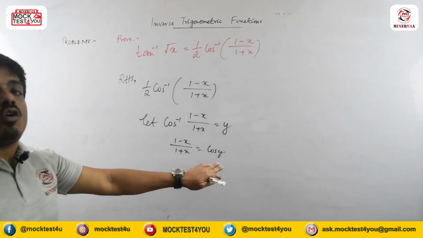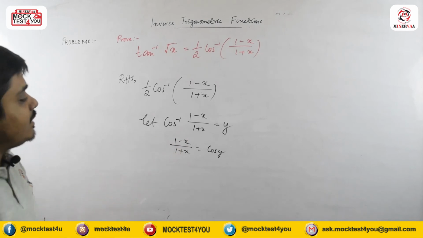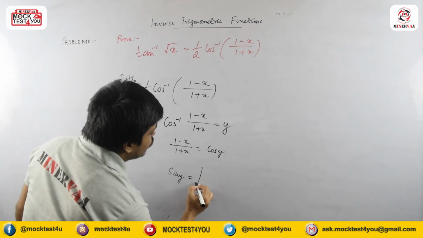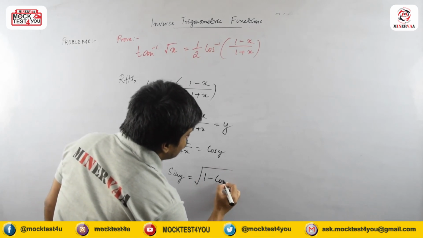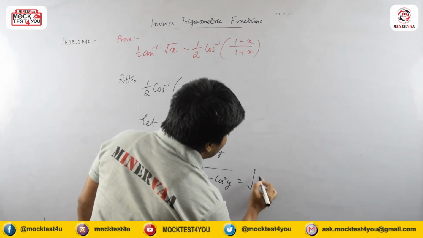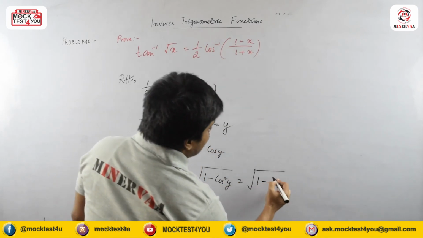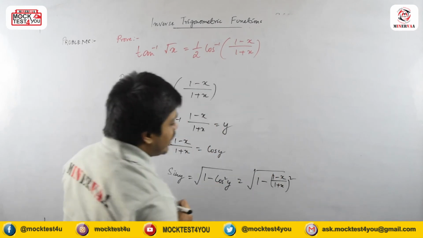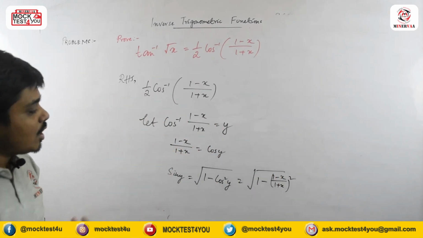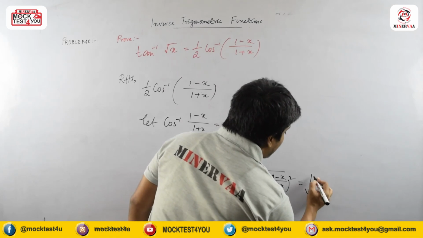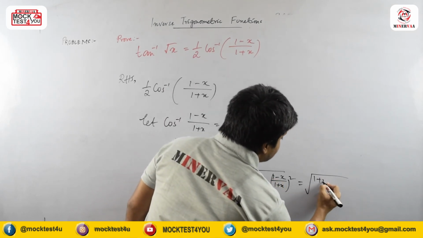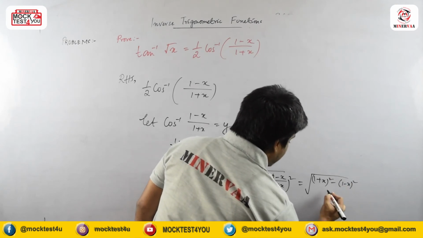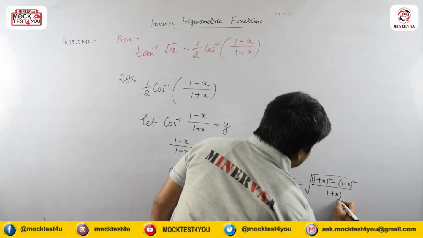Now since we have cos, I need sine to get tan. So I'll write sine y is equal to root over of 1 minus cos square y, which is equal to root over of 1 minus ((1 minus x) by (1 plus x)) whole square, because cos y is this one. So root over of ((1 plus x) whole square minus (1 minus x) whole square) divided by (1 plus x) whole square.